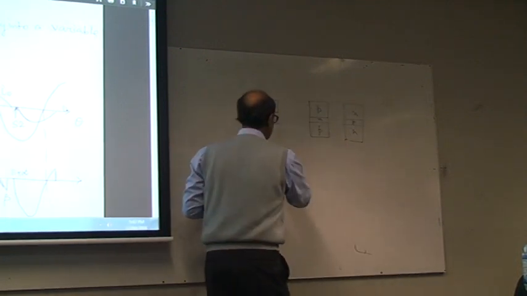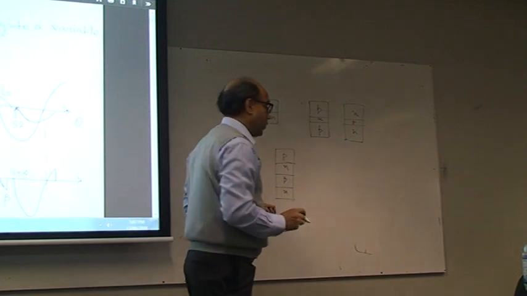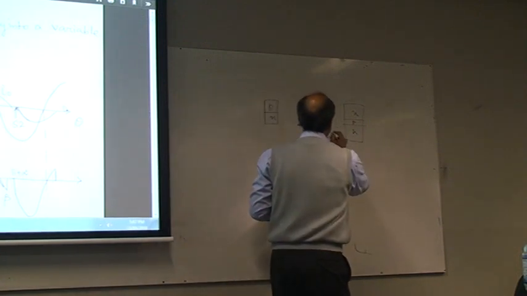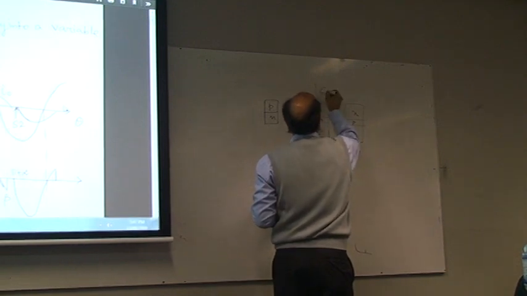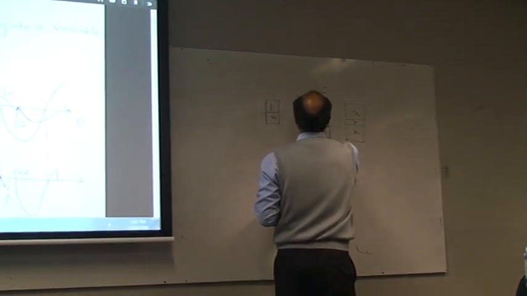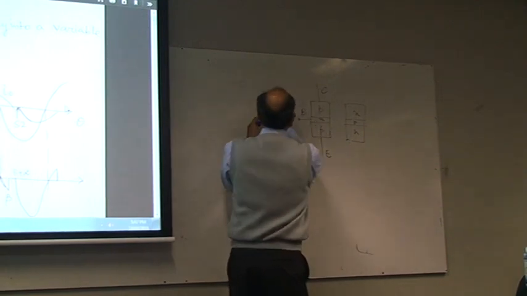But then the thyristor is actually called PNPN. In the case of a transistor, you have collector, base, emitter.